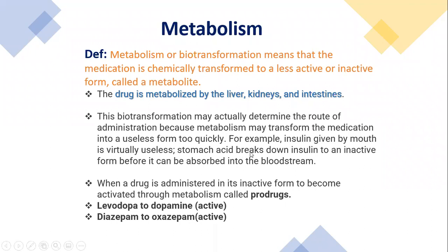Stomach acid breaks down the insulin to an inactive form so it cannot be absorbed into the bloodstream. But when you take the insulin subcutaneously, it is active. But if you take insulin by mouth, it is inactive.